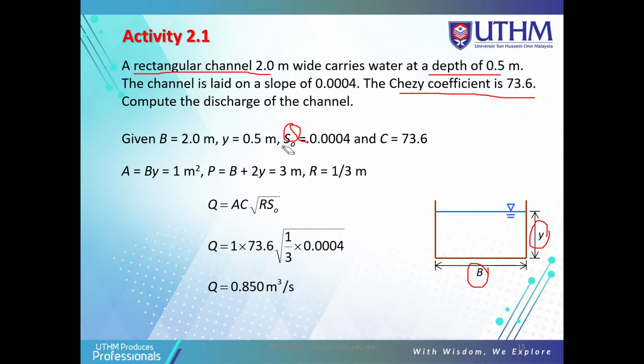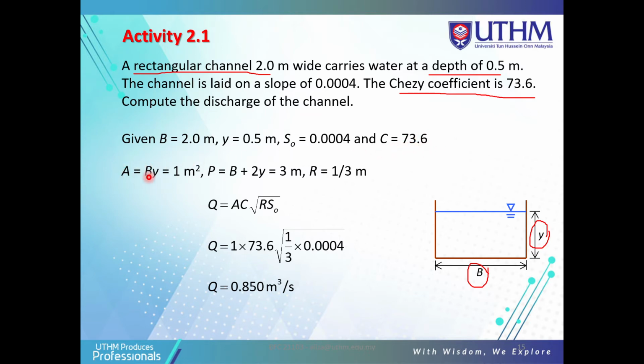Given B, the water width, is 2 meters, S0 is 0.0004, and the Chezy coefficient C is 73.6.